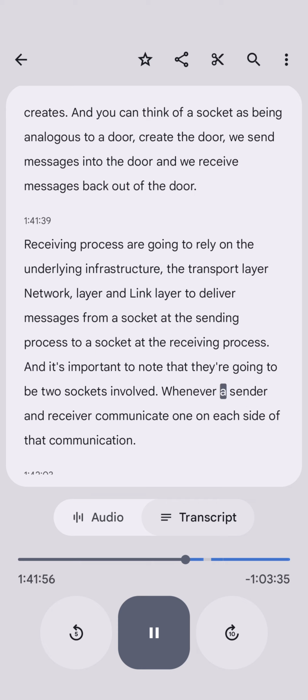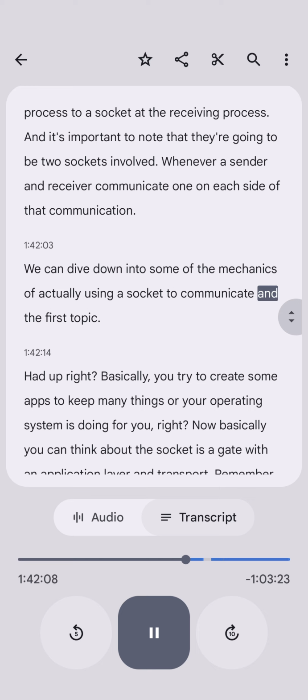Now we can dive down into some of the mechanics of actually using a socket to communicate. I think many of you have heard about socket programming, right? Basically, when you try to create apps to do that, typically many things are done for you by your operating system. You can think about the socket as a gate between the application layer and the transport layer.